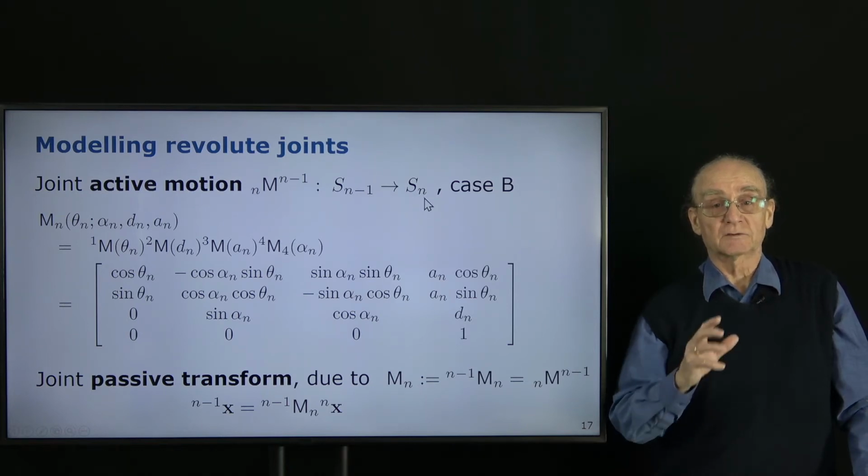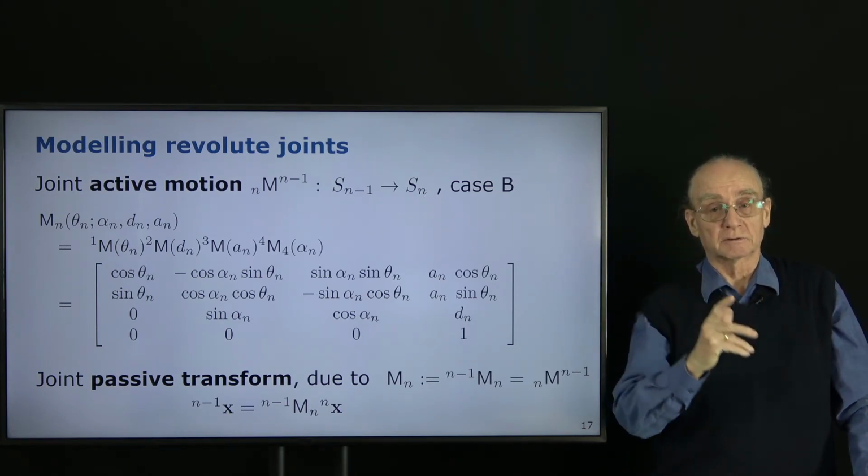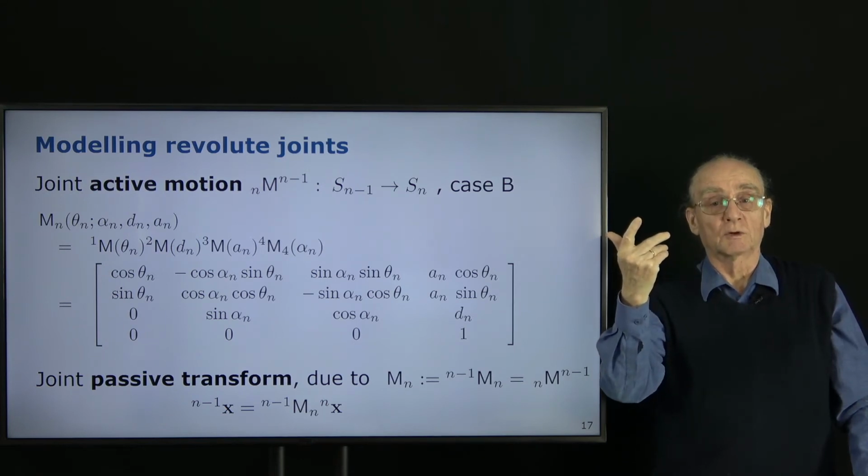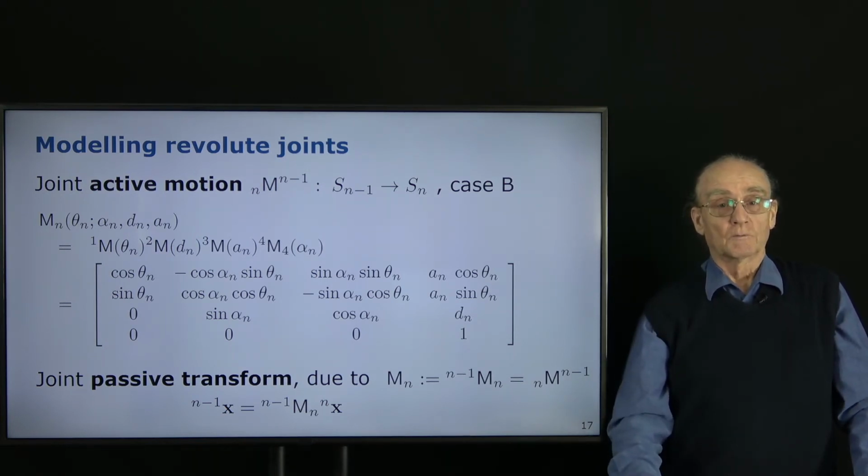So this is an active motion of the coordinate system. The coordinate system after the motion is a different one. So we call it Mn, and it depends on 4 parameters, which are these 4 values.